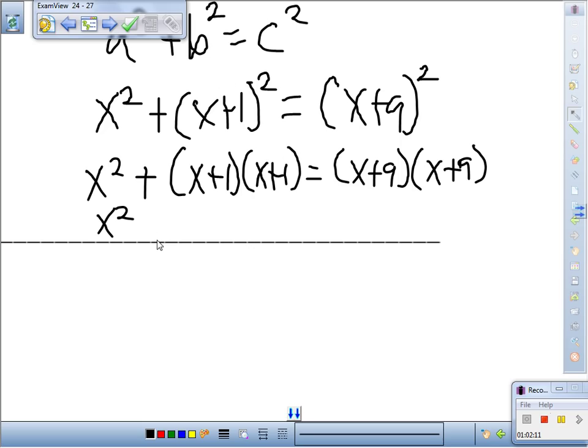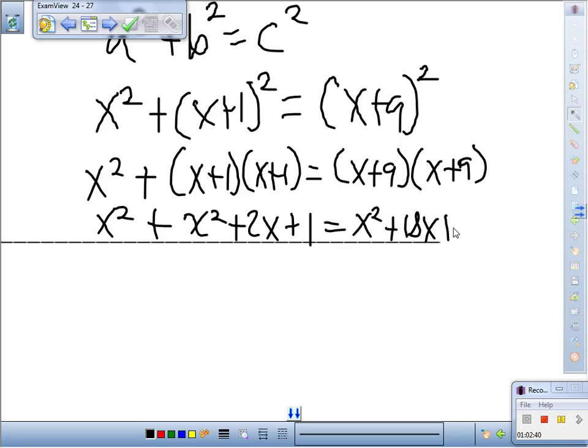Therefore, x squared plus, this should be x squared plus 2x plus 1. Once you do the distributive property, I'm just shortening the time because we're running out of time. You distribute x times x, x times 1, 1 times x, 1 times 1, simplify, that's what we get. Yes? And for those of you that saw the shortcut on these, remember the shortcut? I'm using the shortcut. So therefore this is x squared plus 18x plus 81.